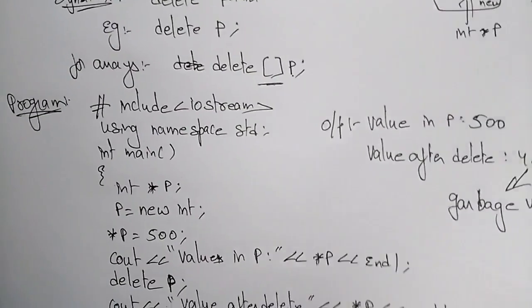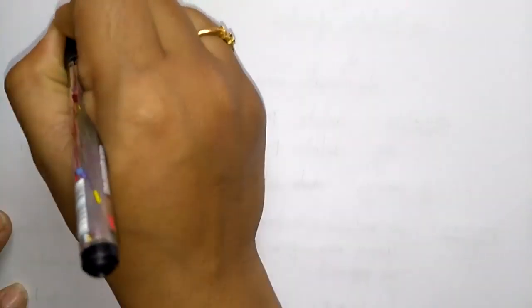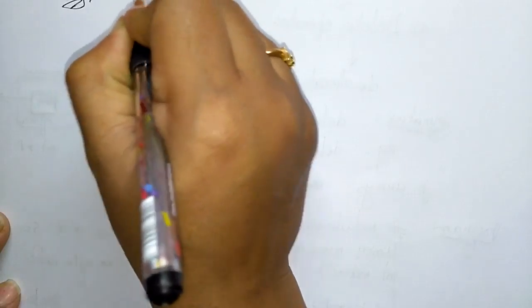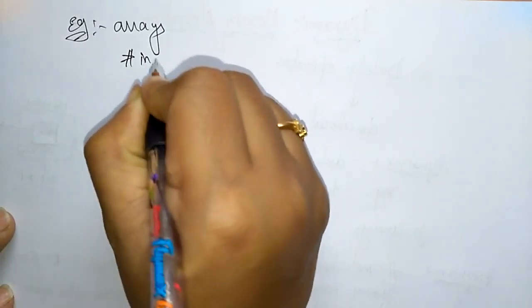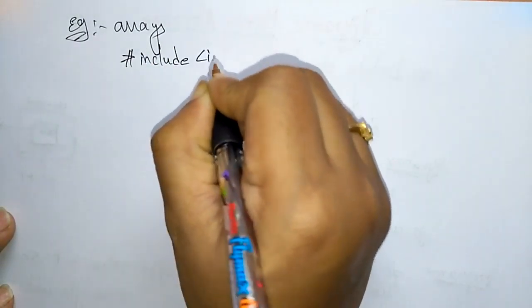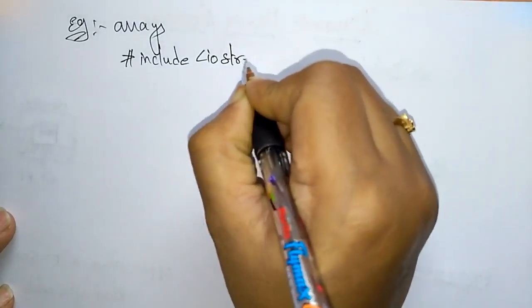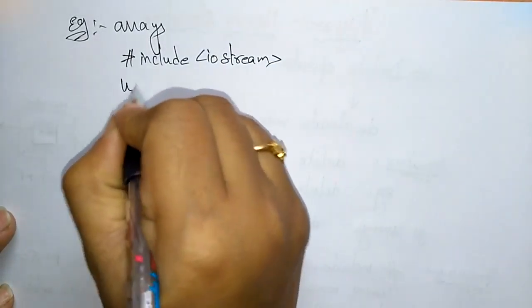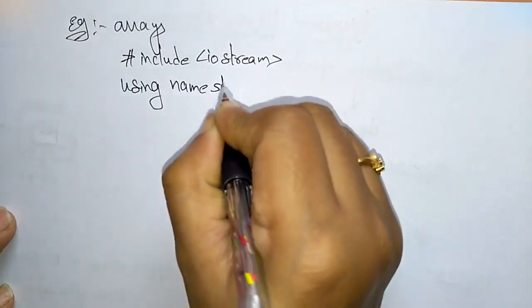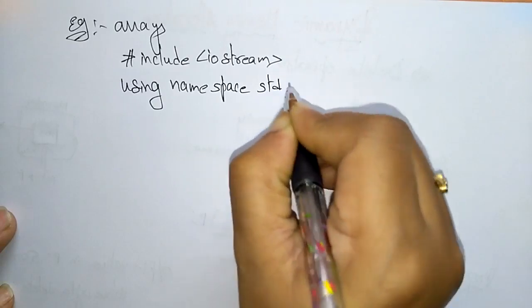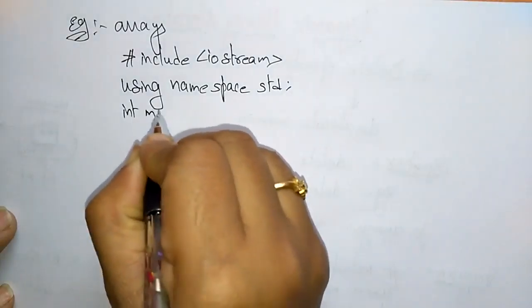In the same way, delete will be used for the array. Now I had written the program for the integer, so let us see an example for arrays and how we will delete an array. The same program: include iostream, using namespace std. Now coming to the main program, int main.